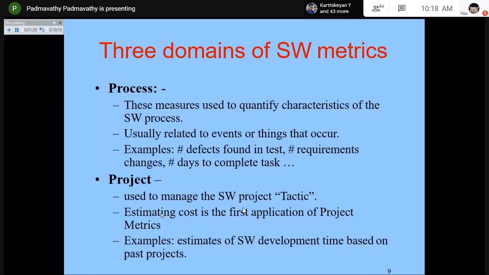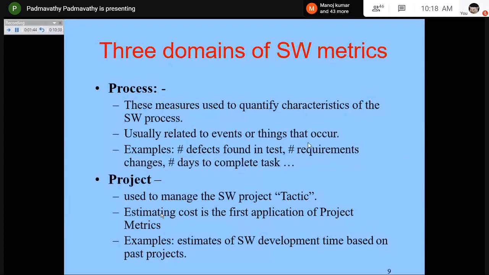Project metrics are used to manage the software project tactically. When it comes to project metrics, it is about estimating the cost for developing the project. Initially you would have planned that it will cost around 5 lakhs, but it has made you spend 6 lakhs for the project.